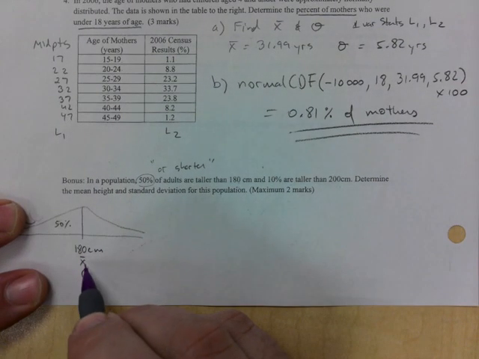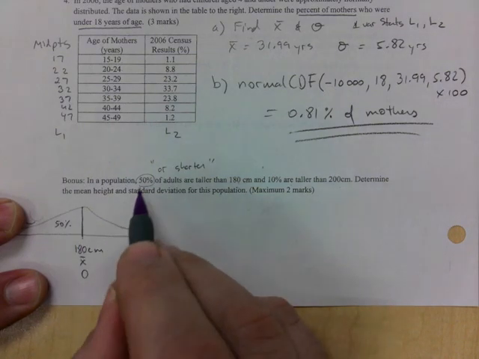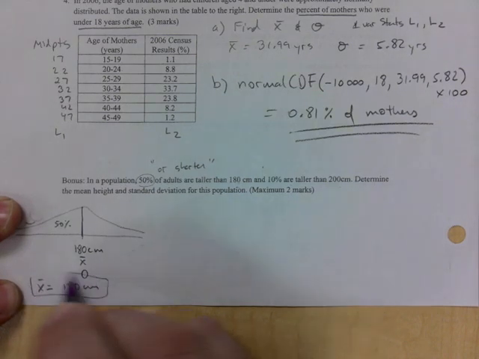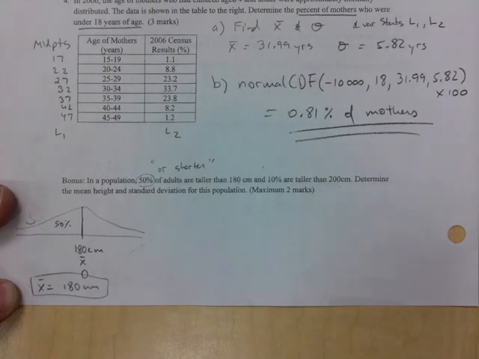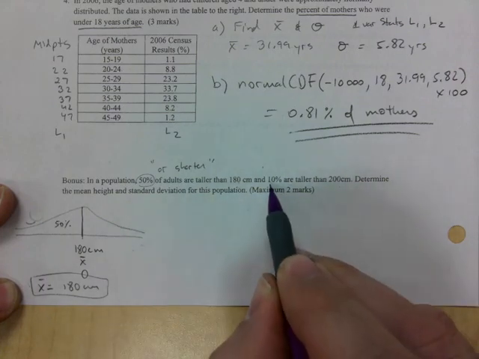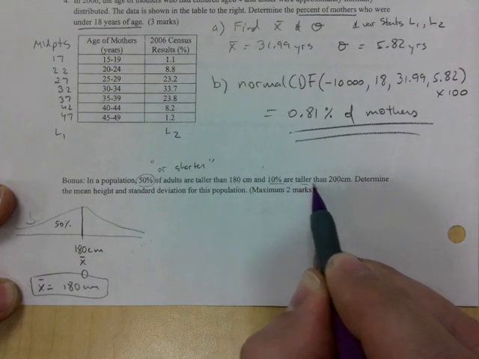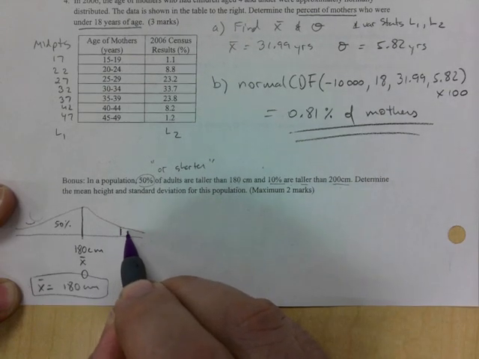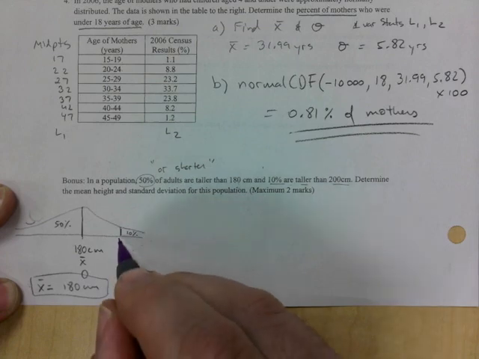So anyways, we know the average because of the 50, right? So that is a given already. I will just state that. That is known to us. The other part is the standard deviation is a bit more challenging. We know that 10% are taller than 200 centimeters. That means that you're somewhere up here, right, where 10% is taller.